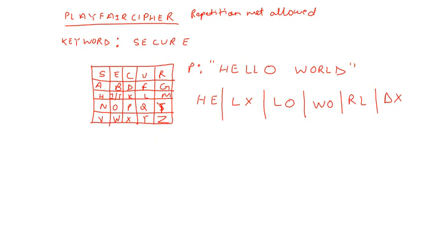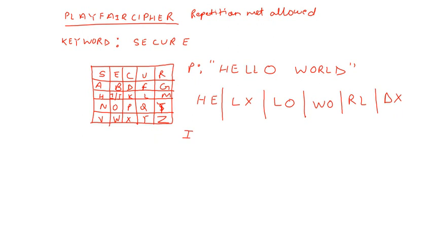So what is HE? Let's see where H is and where E is. H and E are in different rows and different columns. So to encrypt H, we go to the same row of H, in the column intersected by E. So this is I and J. Either we can write I or we can write J, both are okay.